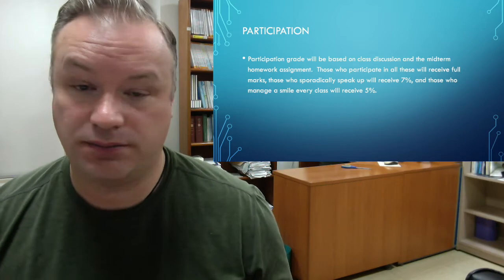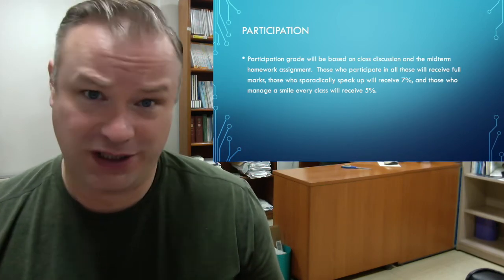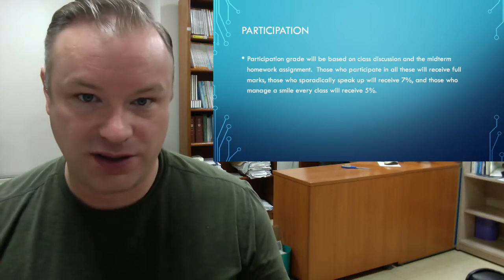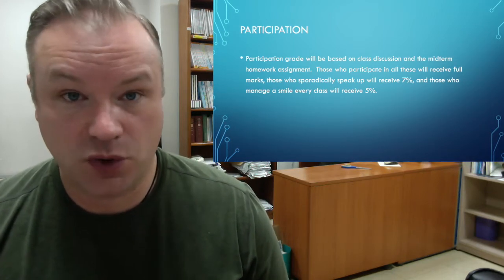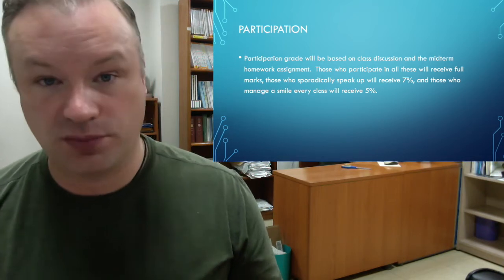So, your participation grade is based on basically, go figure, your participation in the class. Whether or not you are active in class discussion, and whether or not you do the midterm homework assignment, which for all of my classes is to find content appropriate for your class.